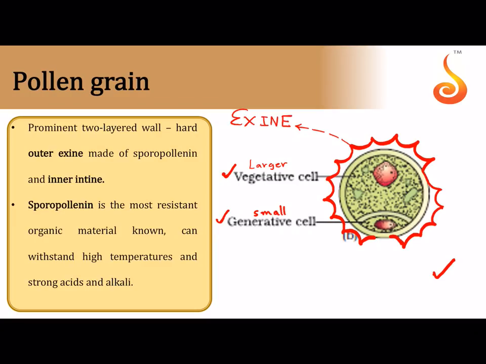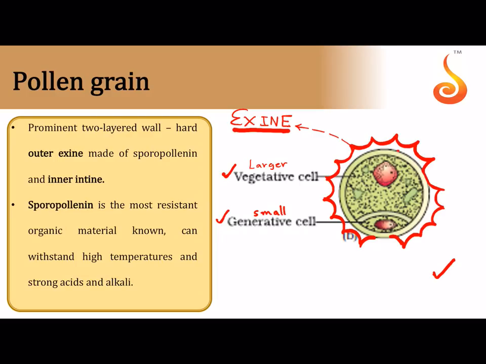So remember, the outermost wall, which is thrown into ridges and projections, is very wonderfully ornamented. It has all sorts of patterns on it, and this wall, which I have shown in red over here, is the outermost protective covering of the pollen grain, referred to as the exine.